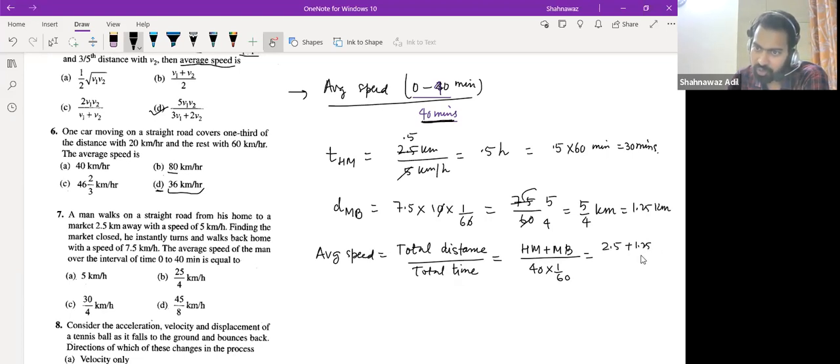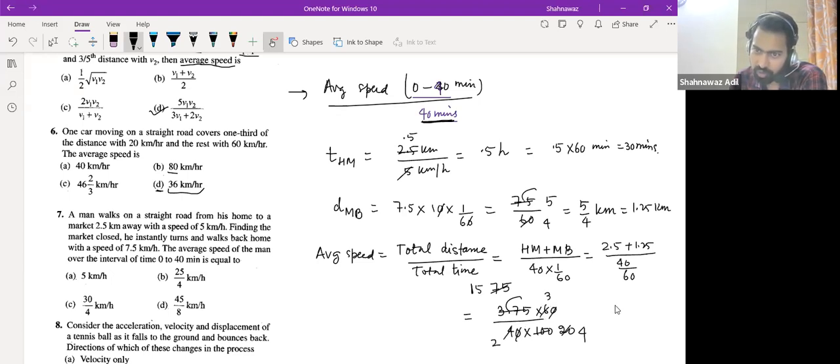So 3.75 divided by 40 by 60. So the zeros cancel and we get 45 by 8 kilometers per hour.